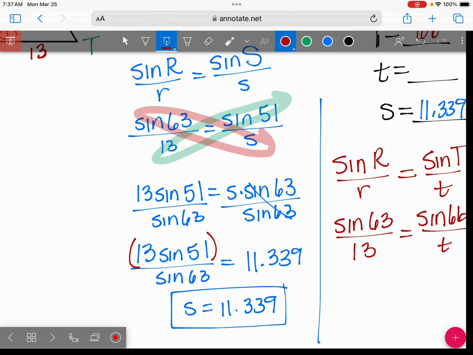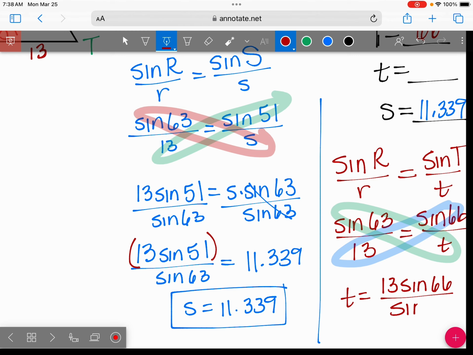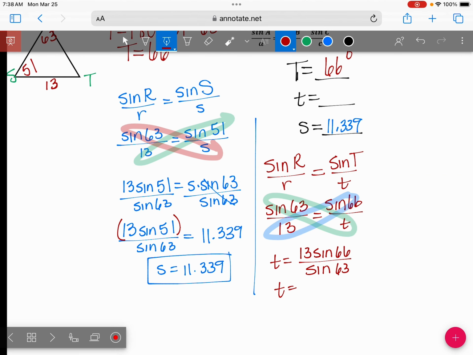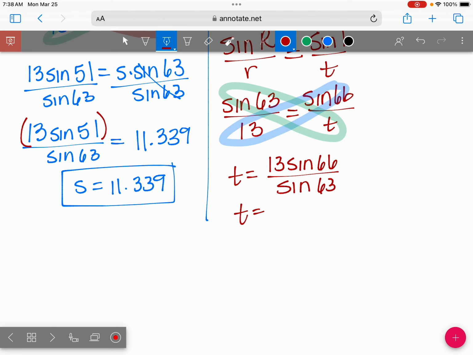Go ahead, cross multiply and solve that. And I got 13.329. Who got 13.329?